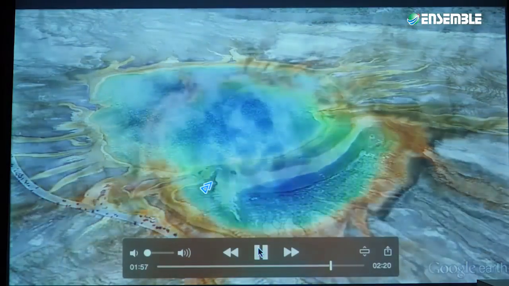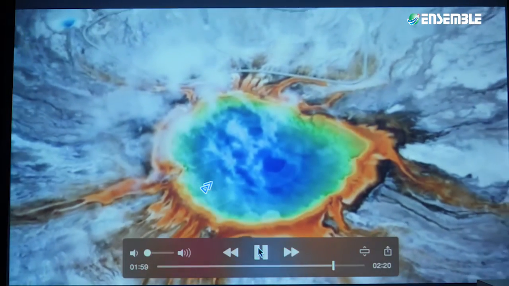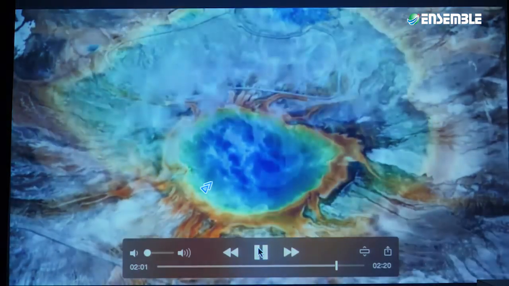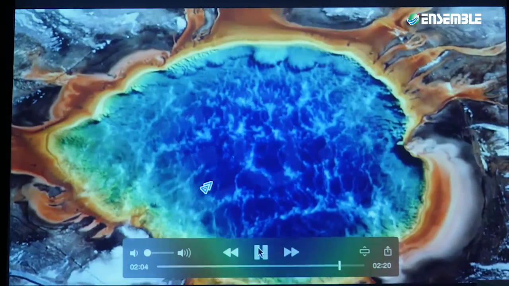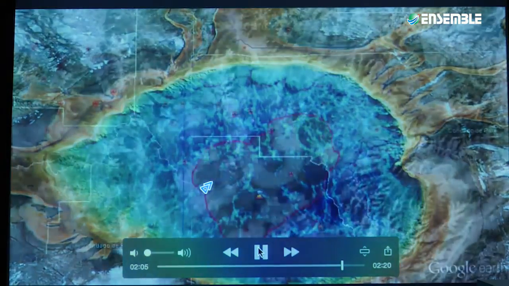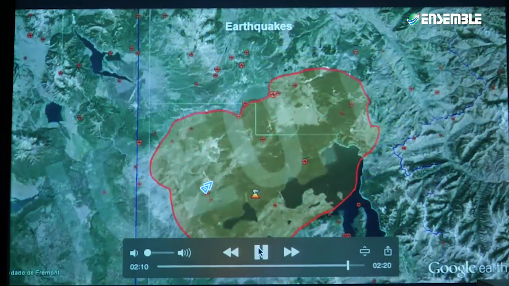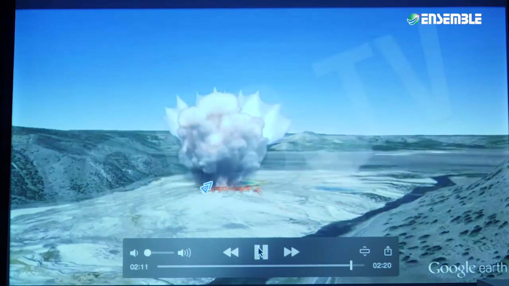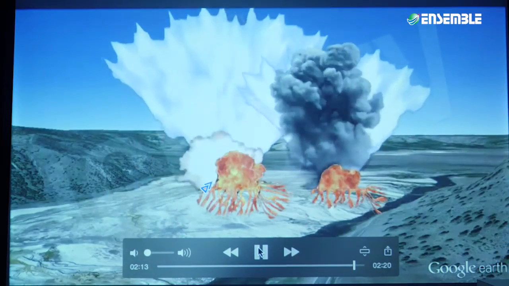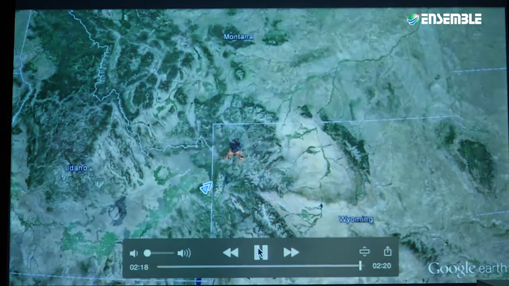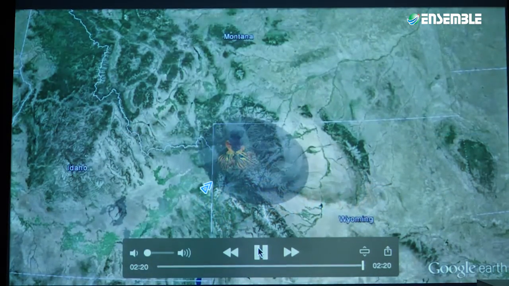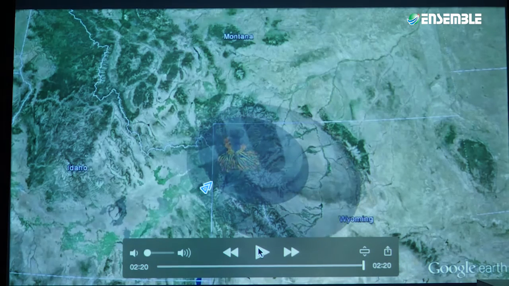This was the theme of one of the movies also, 2012, that showed that such volcanic activity can take place. This is made of boiling water, and these are the areas which are prone to such eruptions. That is the way the eruptions are going to take place. One of them is definitely going to be Yellowstone National Park.